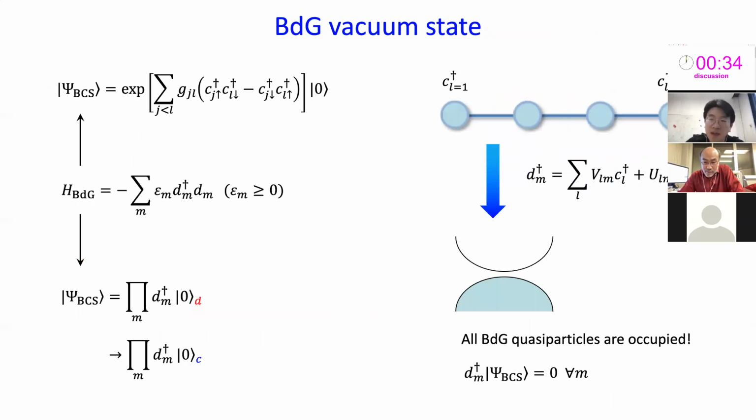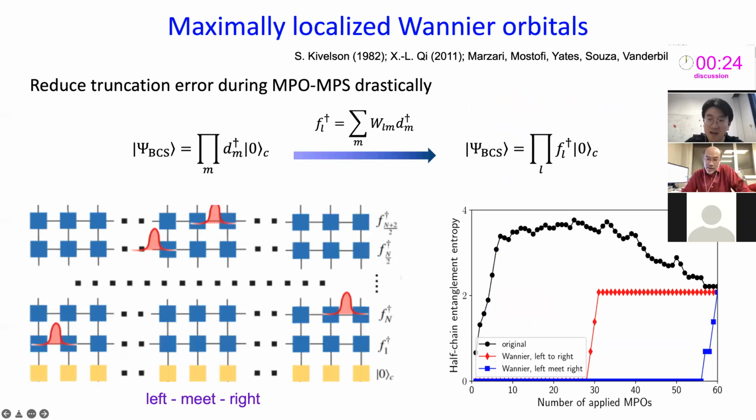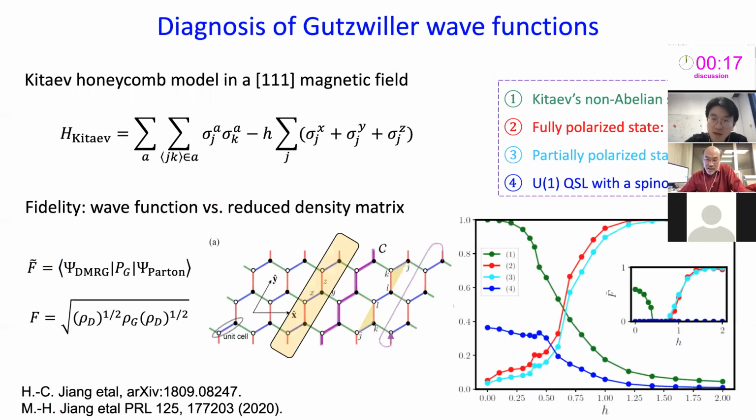Actually, you mean the real system is periodic or not, right? So basically, the result we show here is a periodic boundary. I see. So in the real space, it's periodic. Okay. I understand.